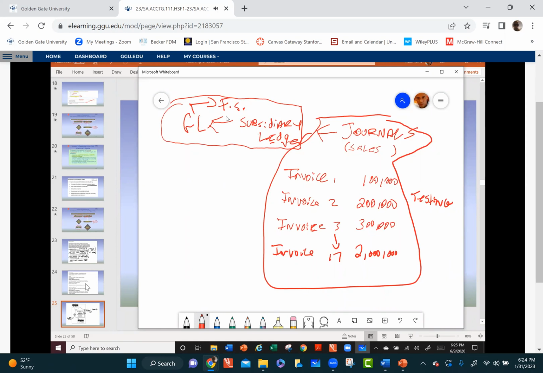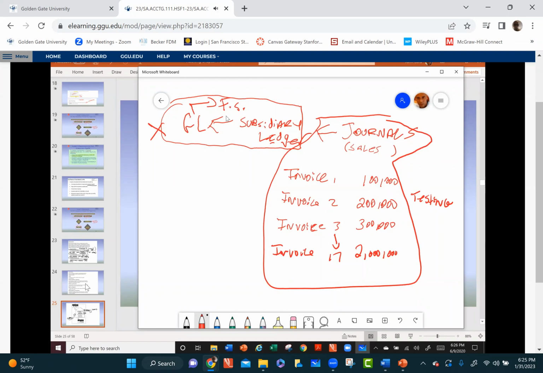What happens if this first part right up here doesn't match? Let's say I look at the financial statement, it says $10 million. I look at the general ledger, it says assets 50 million. What should I do at that point? What would you do if you went into a client and the sales in the general ledger said $10 million, and the income statement said $50 million in sales?